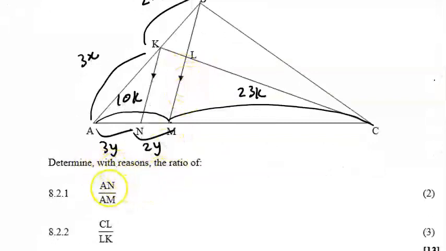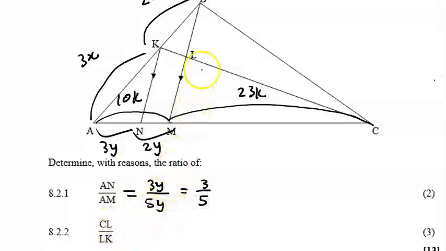Determine with reasons the ratio of AN over AM. So AN over AM is the same as saying the ratio of AN is to AM. So AN will now be 3y and AM is 5y. So that's going to equal 3 over 5.